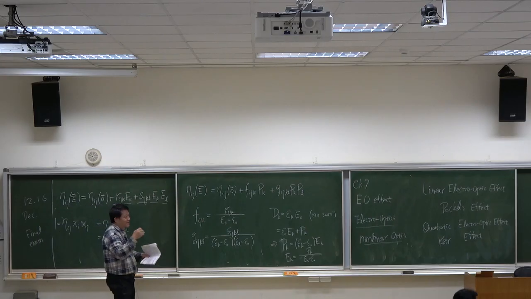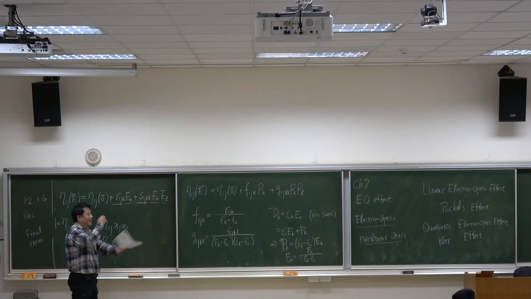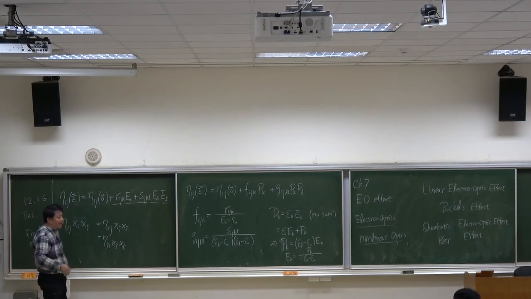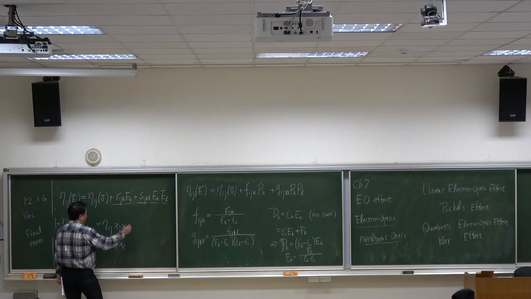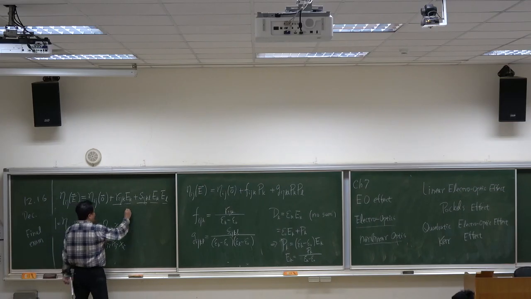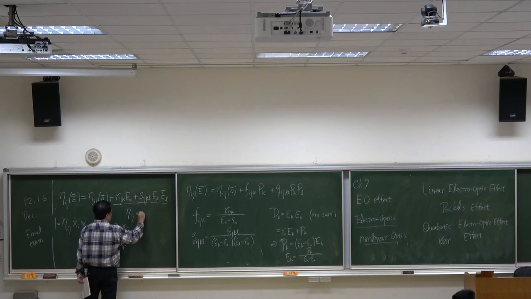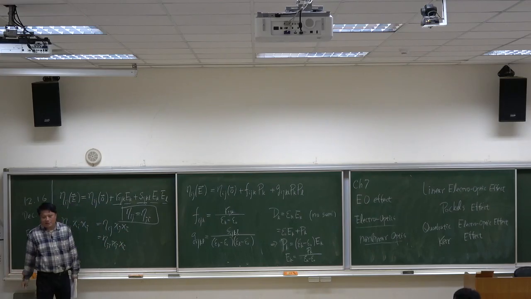Dummy means that you sum over all possible components. So we can conclude from this expression that eta ij can be chosen to be eta ji. Eta ij is equal to eta ji.